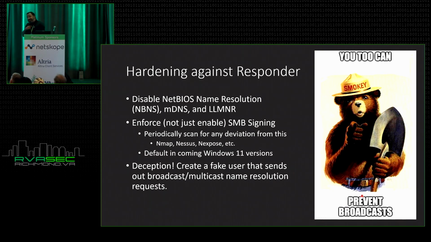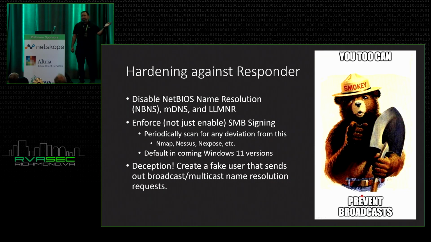If you really want to waste my time, which you should, if you really want to make my job difficult, which you should, use deception. I got caught in a red team engagement because I responded to a broadcast multicast name resolution request. Got a call from the client. They said, gotcha. And it's because they had a honeypot user sending out broadcast multicast requests.